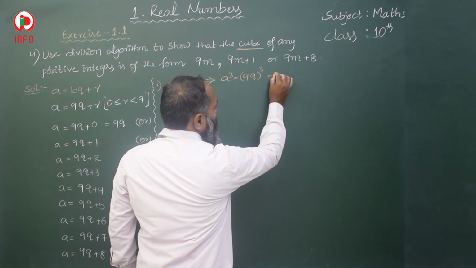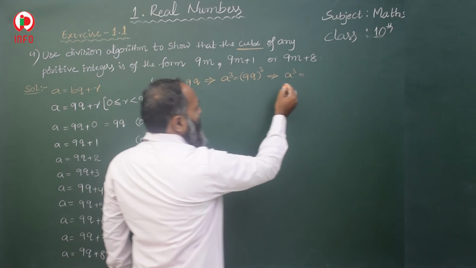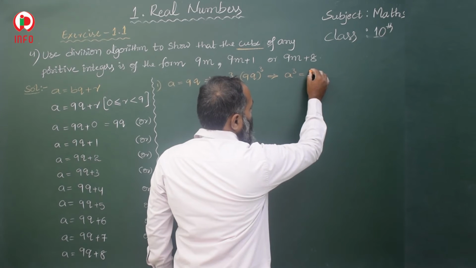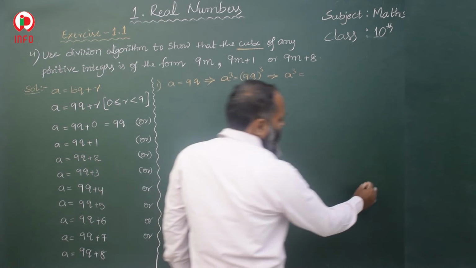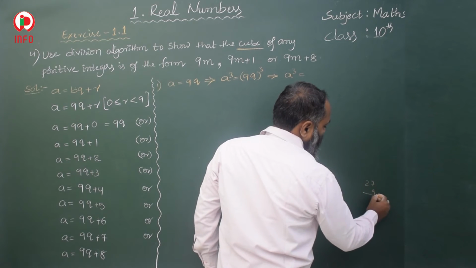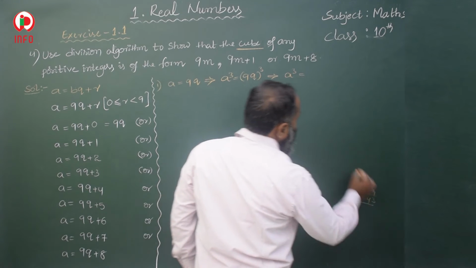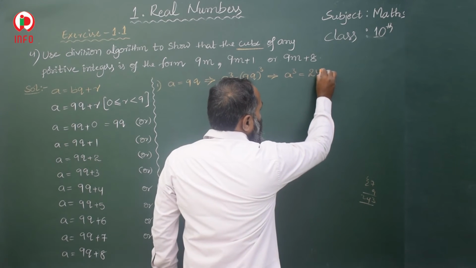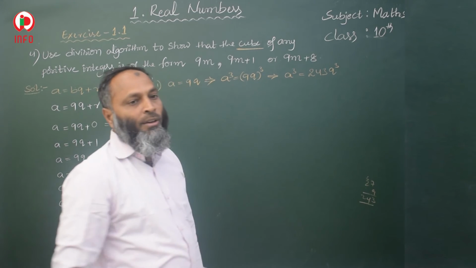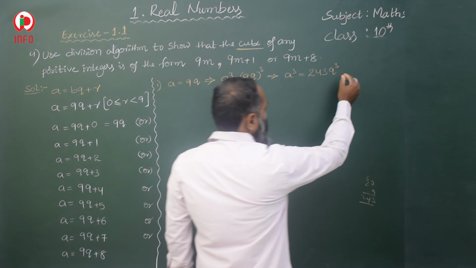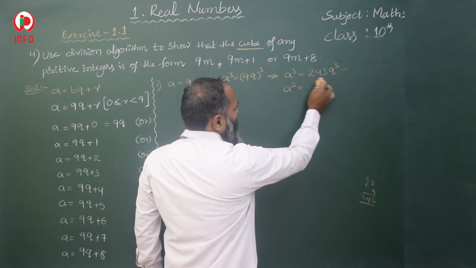So a cube is equal to 9 cube q cube, that is 729 q cube.